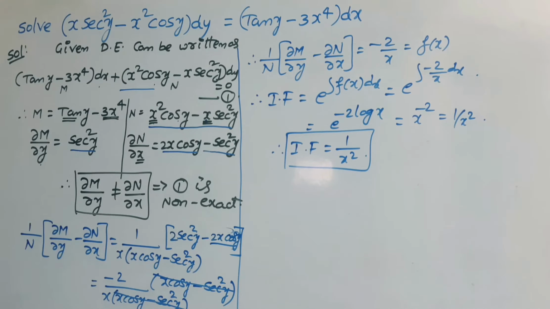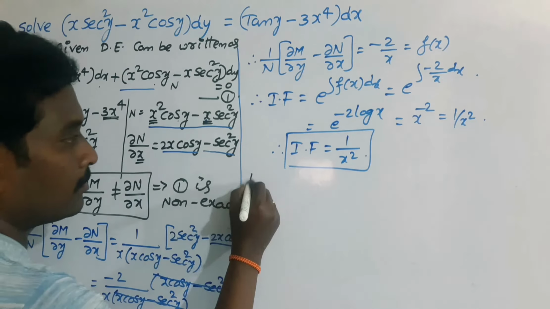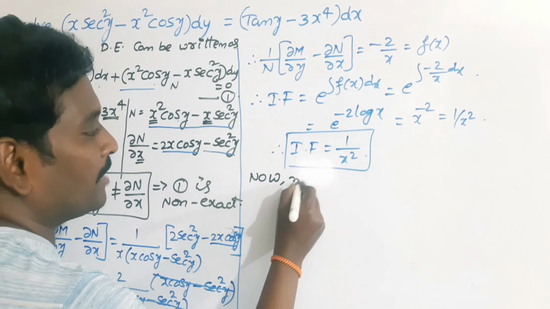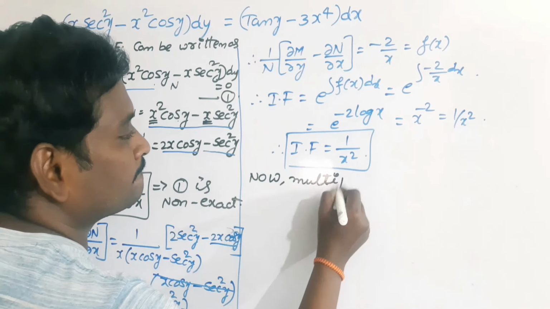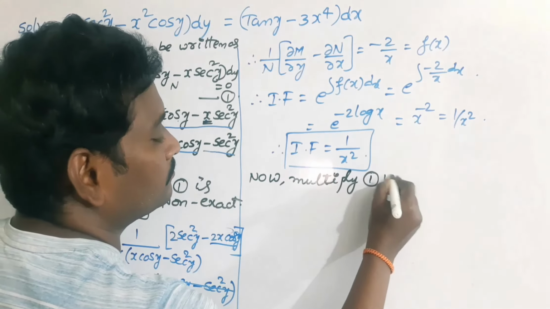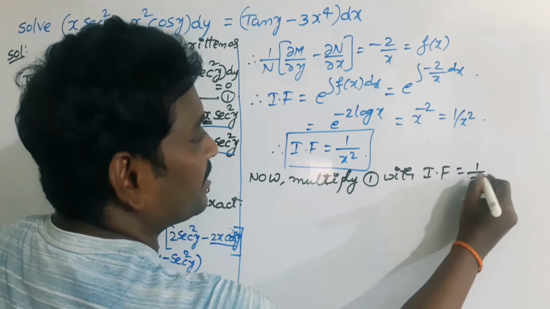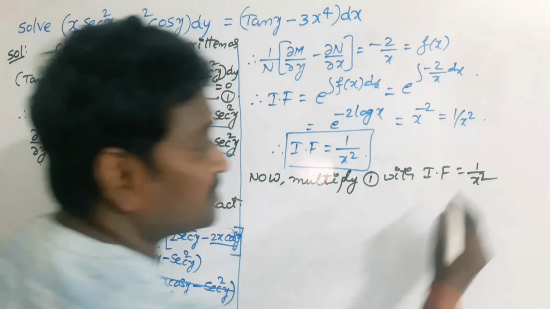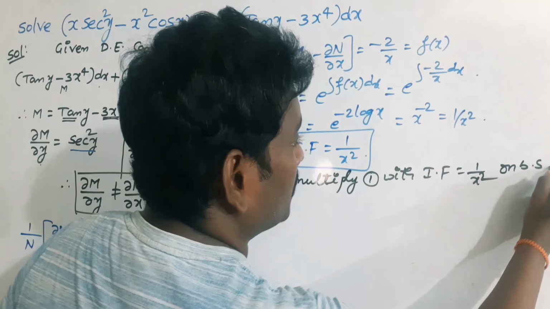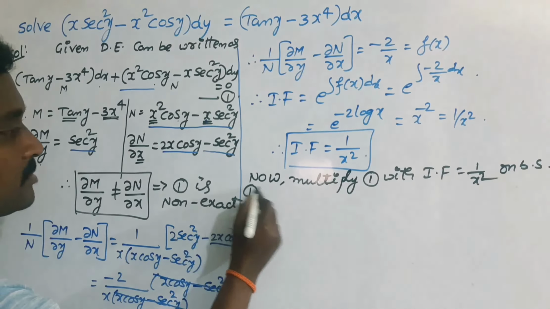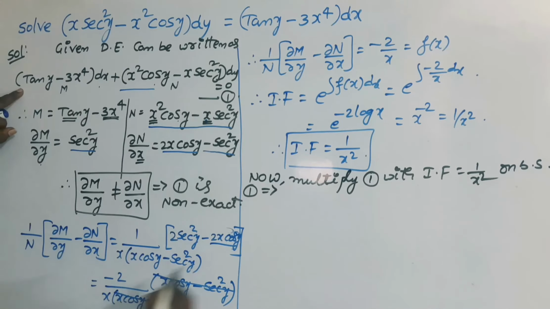Okay, see. Now multiply the integrating factor, which is equal to 1 by x square, on both sides. So what is the first part?